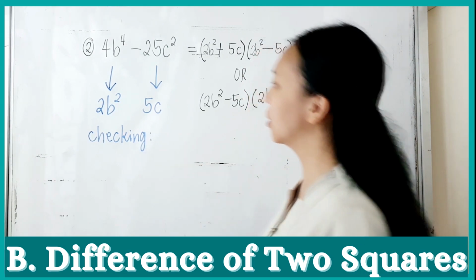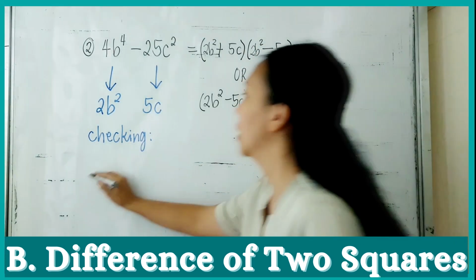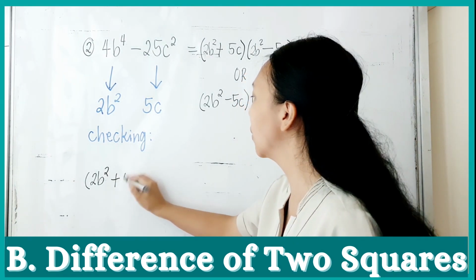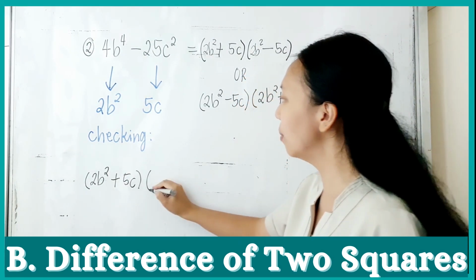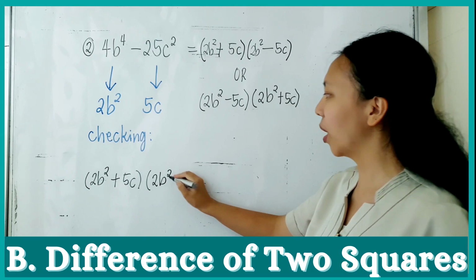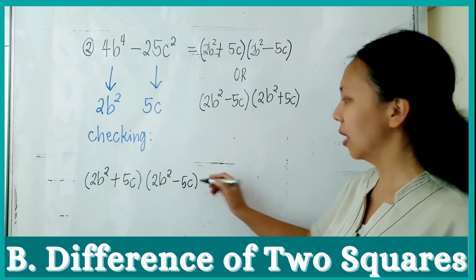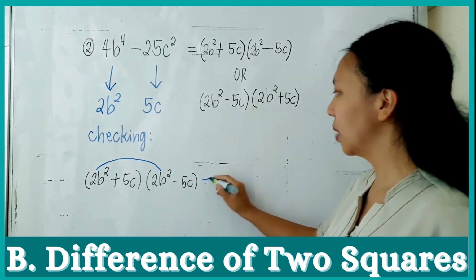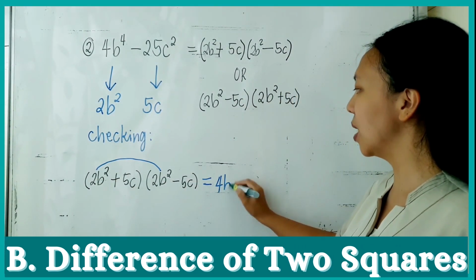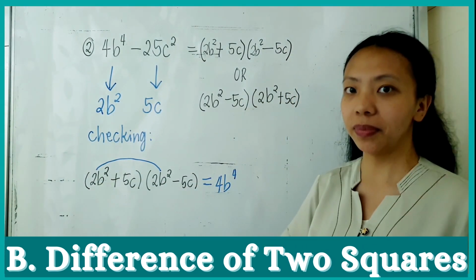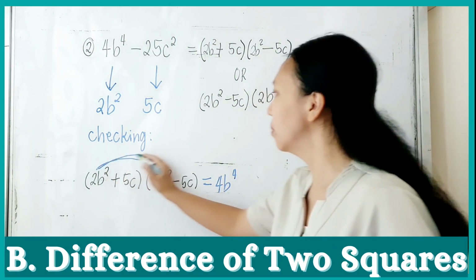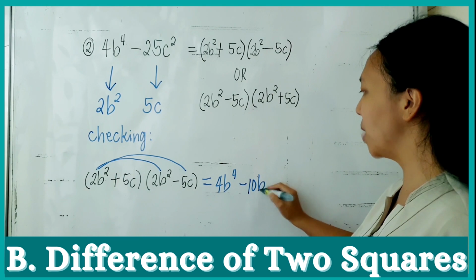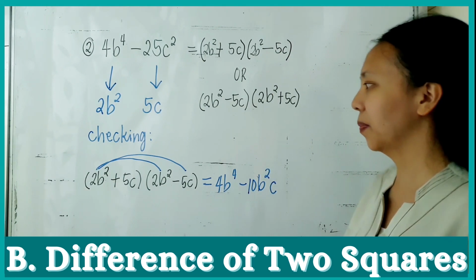We make use of the FOIL method. The quantity 2b squared plus 5c times the quantity 2b squared minus 5c is equal to first term times first term equals 4b raised to 4. Outer term times outer term equals negative 10b squared c.